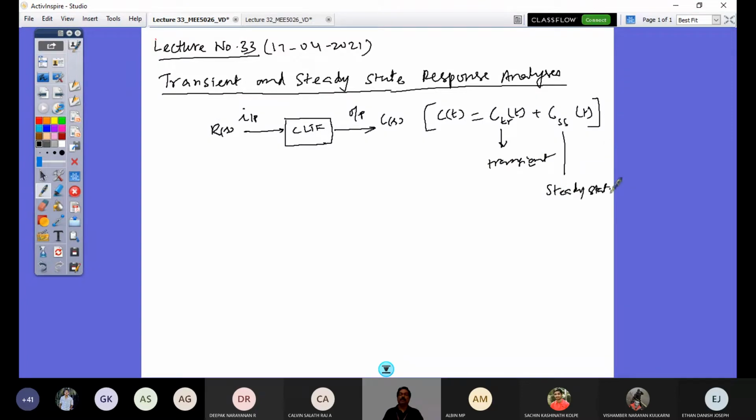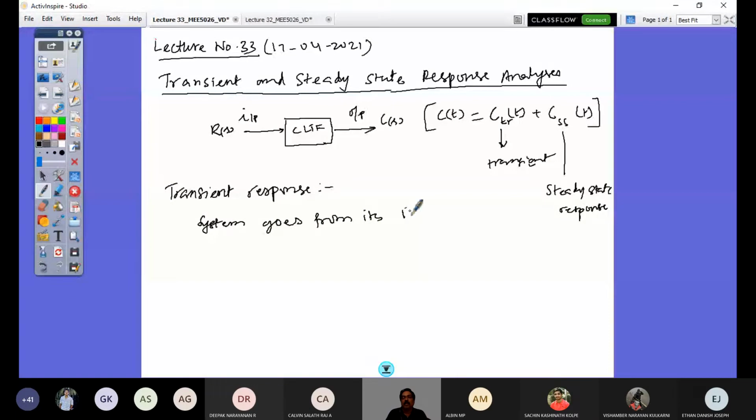Transient response means the system goes from its initial state to its final state. That is what is called a transient response.